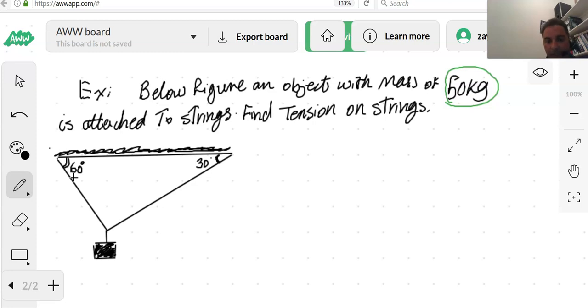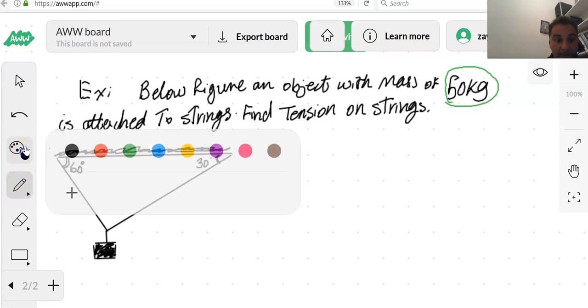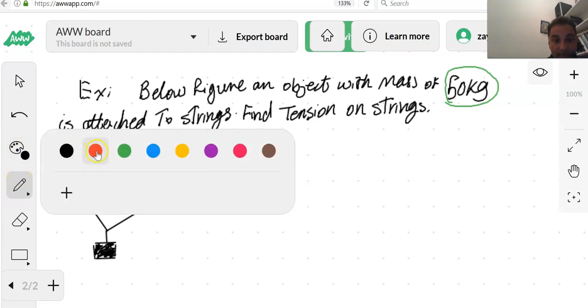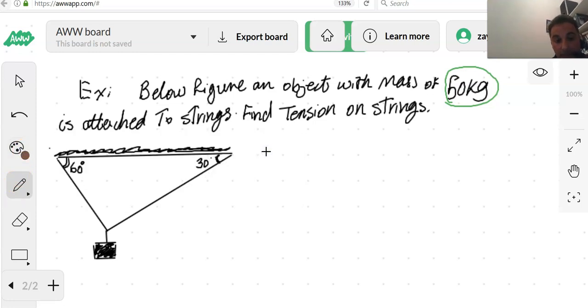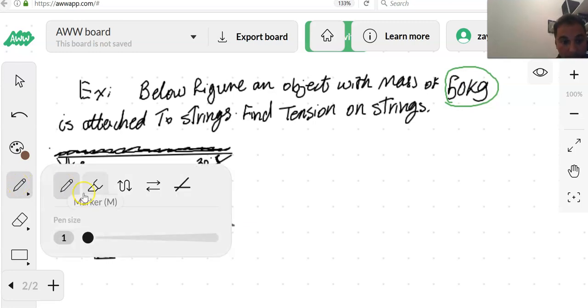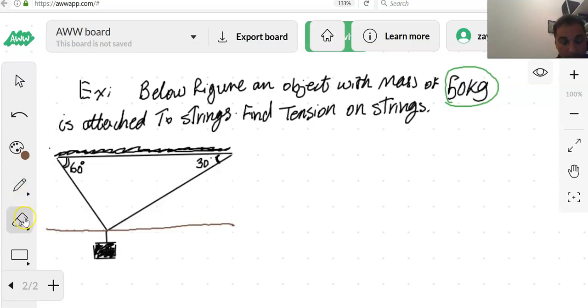Remember, in dynamics you have to verify your coordinate system. So let's choose the coordinate system, as always, put it at the center. Let me go with the eraser.